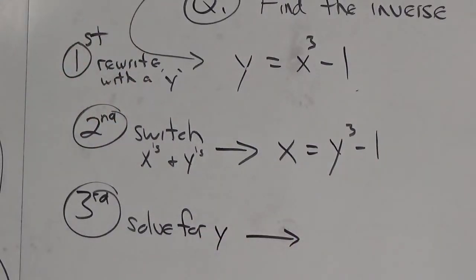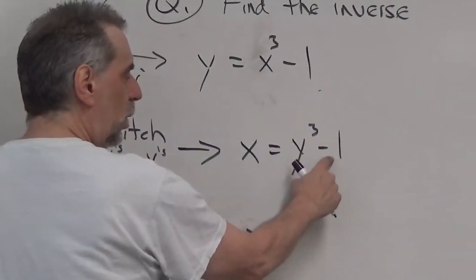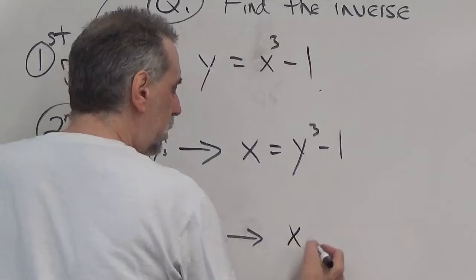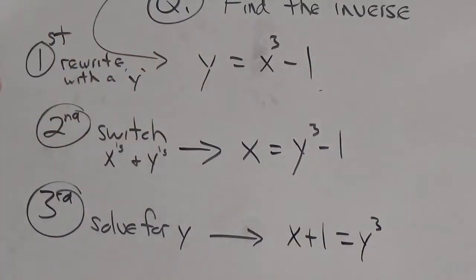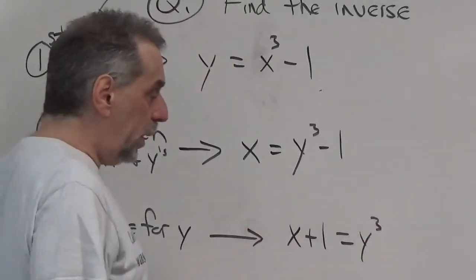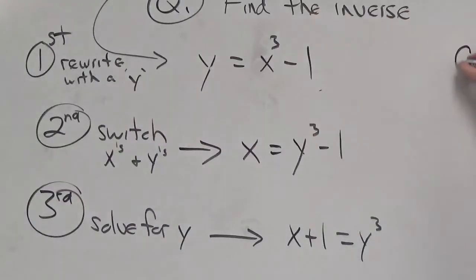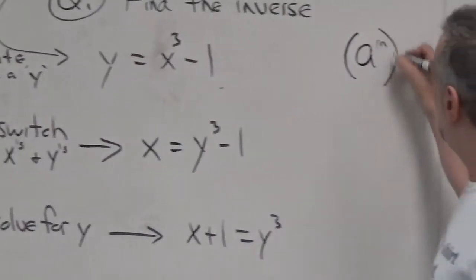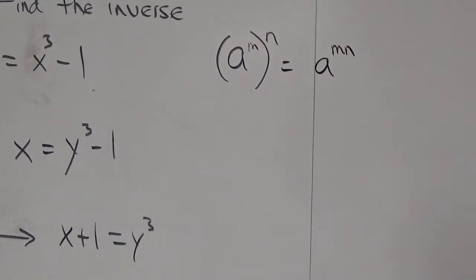All right, so we got y cubed on the right-hand side. We want to isolate that term, so we'll add 1 to both sides. And then we have that y cubed, so we have to recall our properties of exponents and ask ourselves, what do we have to raise this to get that to be a 1? Hopefully we remember our property that says raising something to a second exponent requires multiplying those exponents together.